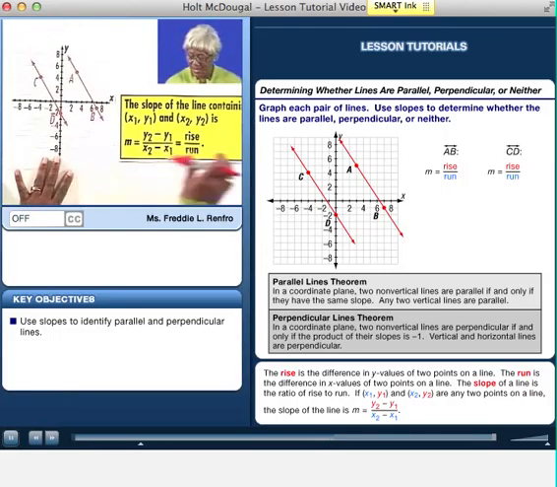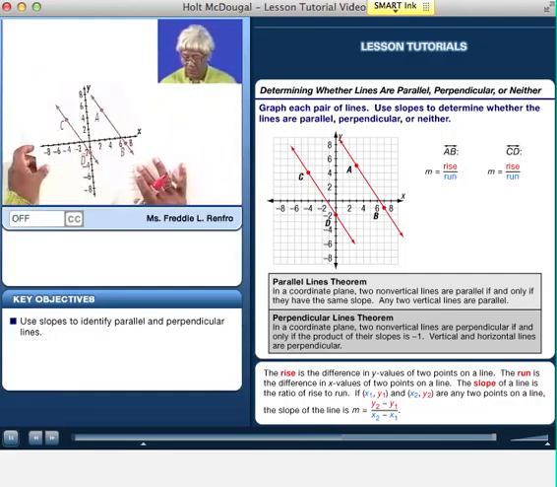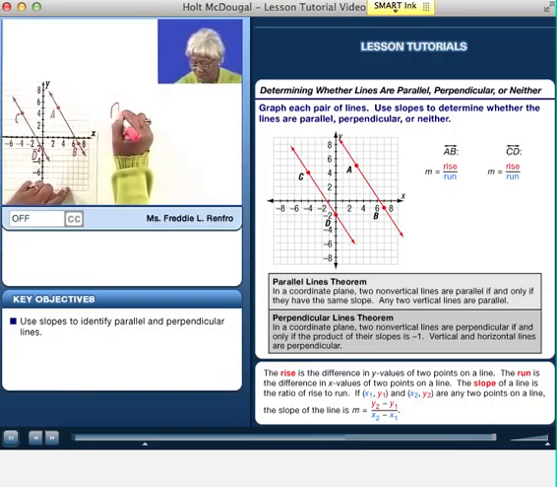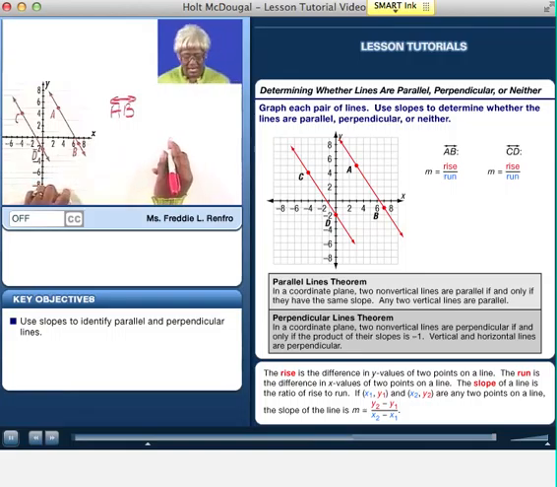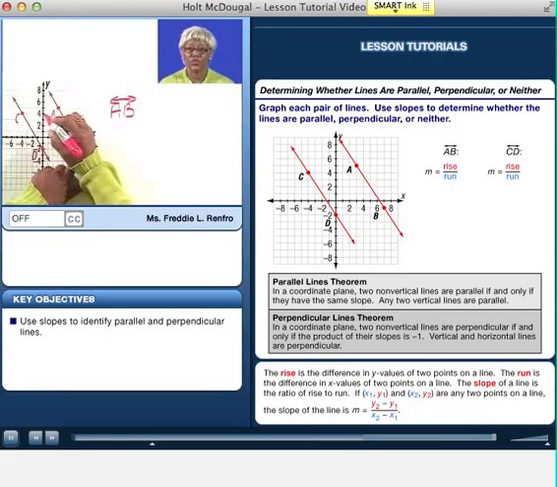For line AB, the slope for line AB, I'm going to start at point B. I'm going to rise and then run.